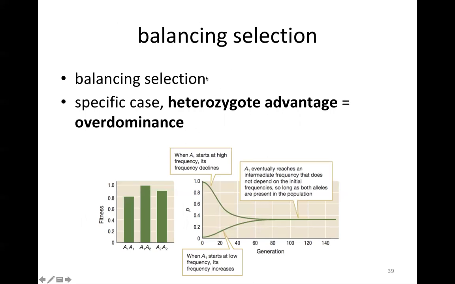Balancing selection is the umbrella name of different selection regimes which lead to both alleles remaining in the population. One specific case of that is heterozygote advantage or overdominance. They refer to the same thing, where the heterozygotes have higher fitness compared to the homozygotes, and that is a regime which leads to both alleles remaining in the population.